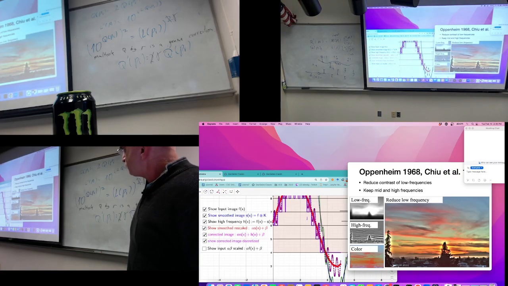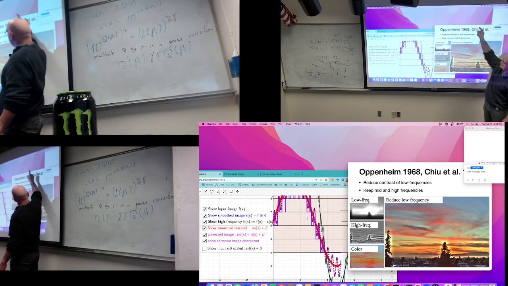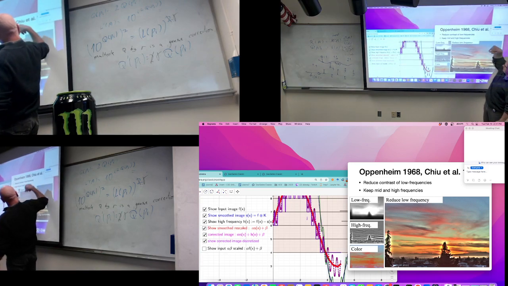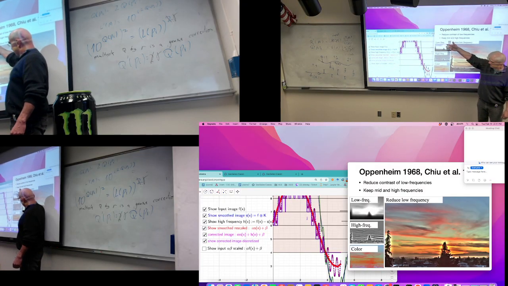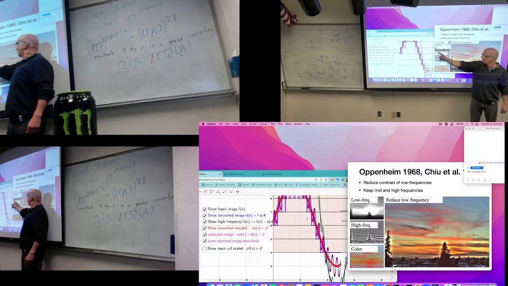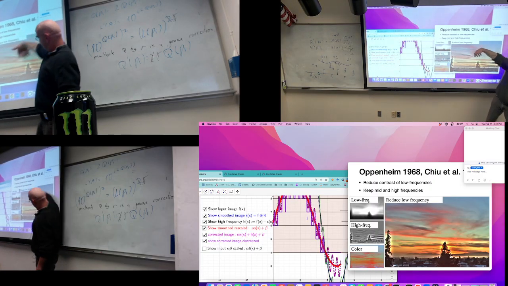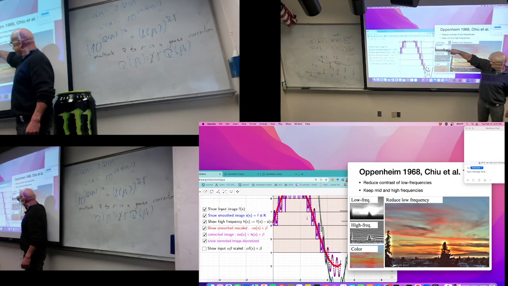OK. So that's all an old technique, the spatial separation, going back to '68 of Oppenheim. Here is a low frequency, which we saw as a smoothed function, a big blur of white area, a big blur of darker area with some shade.